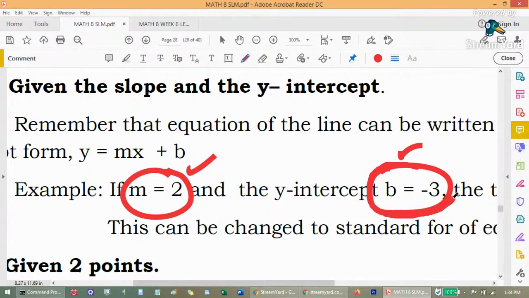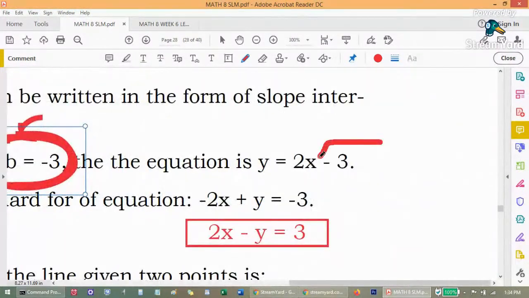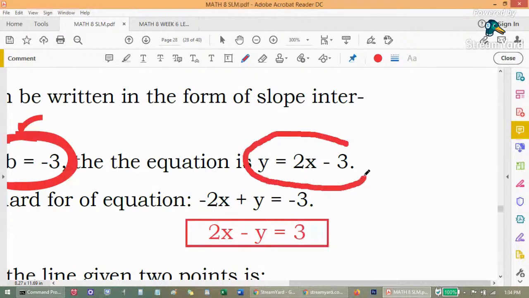Ang b natin is negative 3. So, magkakaroon tayo dito ng negative 3. Okay? So, this is now in slope-intercept form.